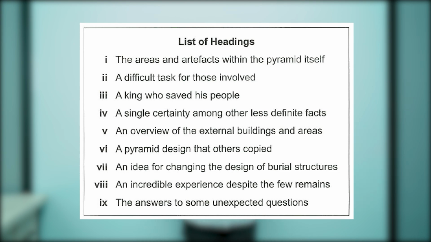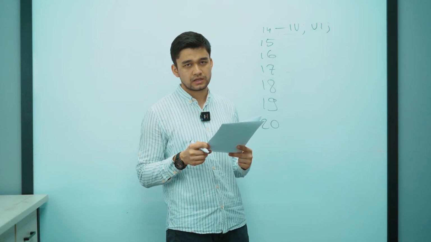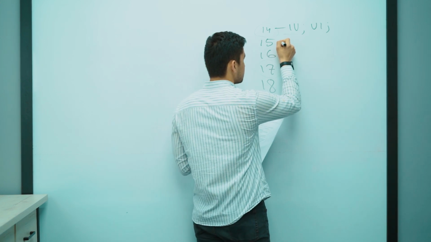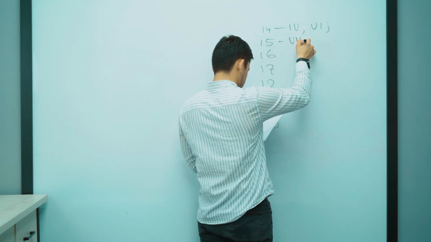"An idea for changing the design for burial structures." Very maybe, because before they were different. Then Imhotep, for some unknown reasons, offered to build another monument, which is very maybe and even yes. So the answer here is "an idea for changing the design of burial structures." I'll write that down here next to 15.